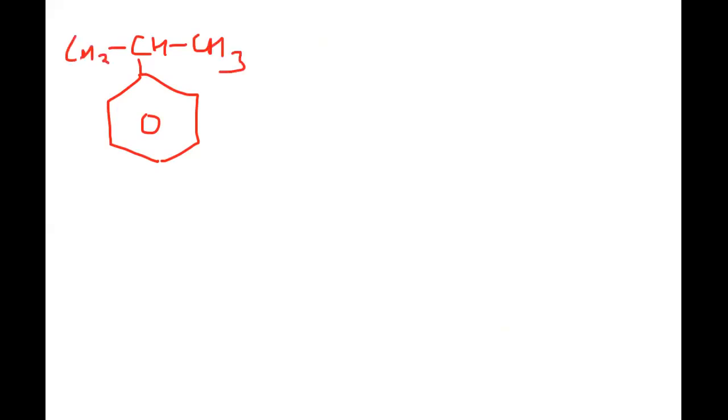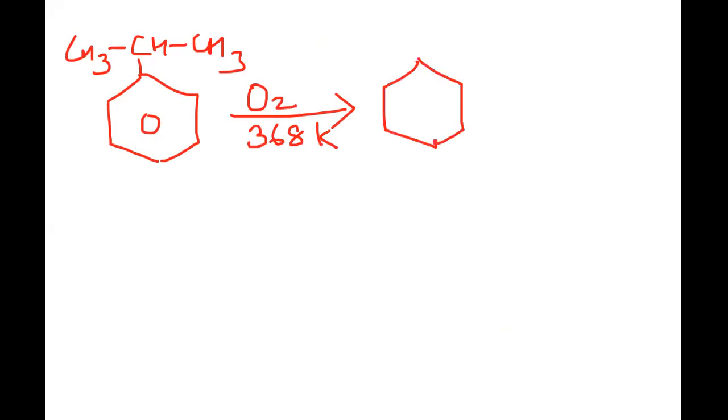In the next step, you have to do how phenol is going to be obtained from this. So you have a CH3 and a CH3. This is the cumene, isopropyl benzene. This is subjected to aerial oxidation around 368 Kelvin, when a peroxide of this compound is formed.